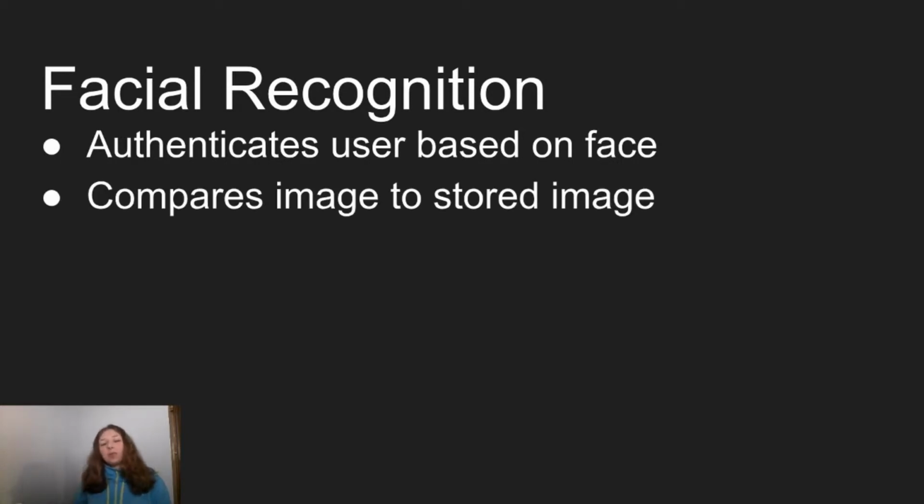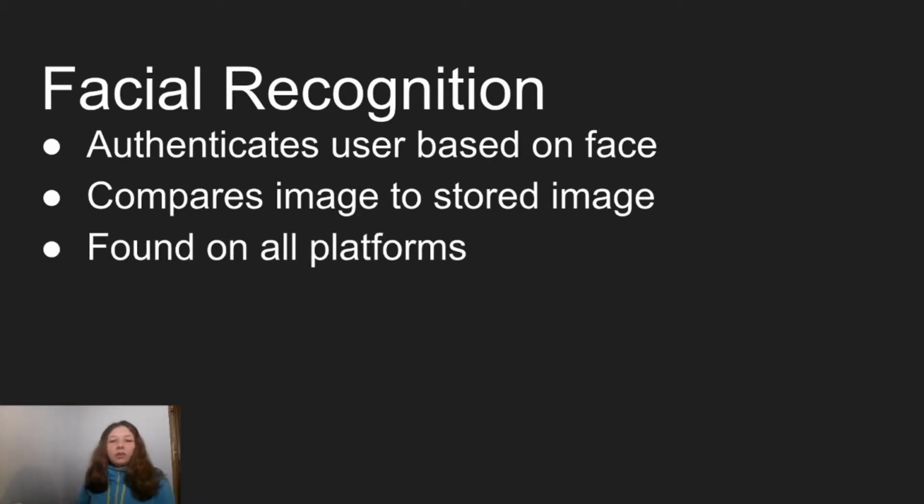And most of the time, the way that these softwares work is it compares a real-time image, like either a snapshot or camera feed, to a stored image somewhere in a library, and to see if it matches the stored image that is connected to a certain user. So another way of validating someone if they have access to a certain thing.